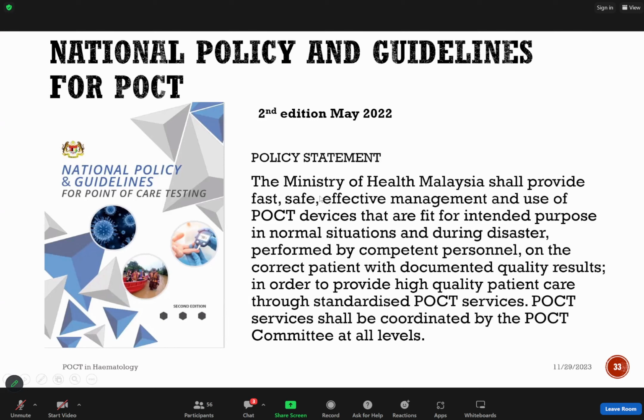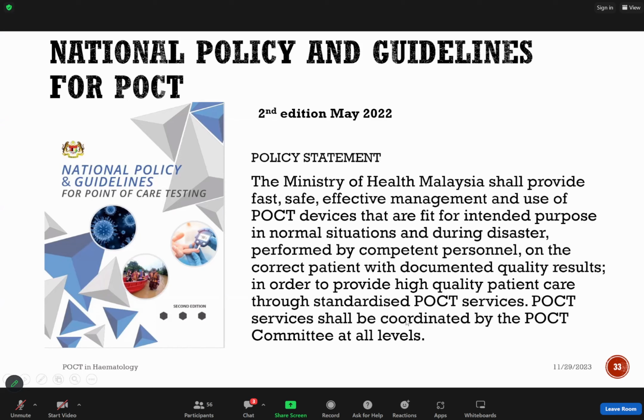The Ministry of Health Malaysia shall provide fast, safe, effective management and use of POCT devices that are fit for intended purpose in normal situation and during disaster, performed by competent personnel on the correct patient with documented quality results in order to provide high quality patient care through standardized POCT services.